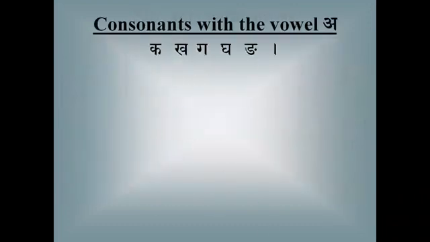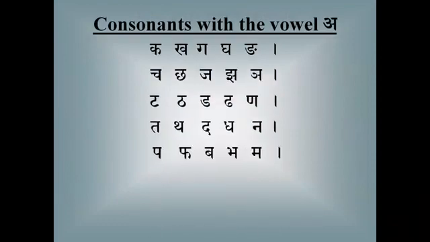Now you can see the consonants with the vowel A: Ka, Kha, Ga, Gha, Na. What we learned at the beginning. Cha, Chha, Ja, Jha, Na. Tha, Thha, Da, Dha, Na. Now, using these letters, we are going to form simple words. We can read. Each one of you can read five words.